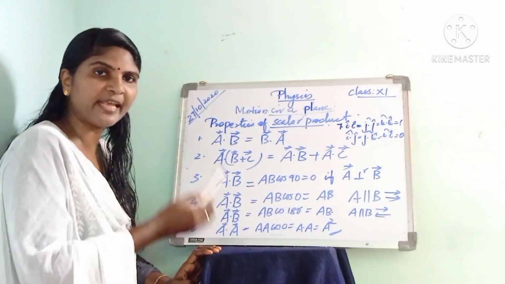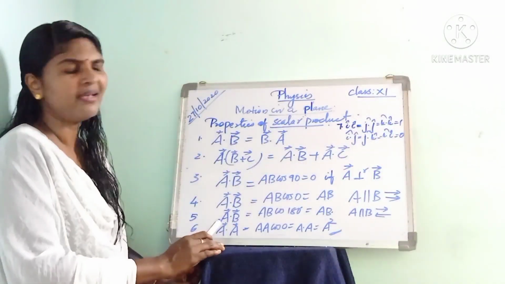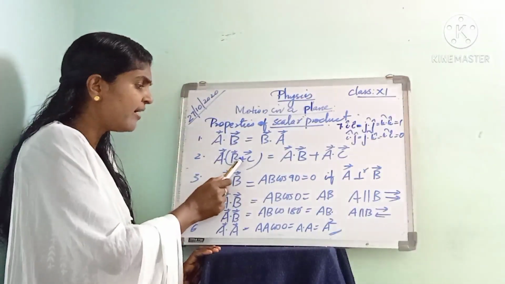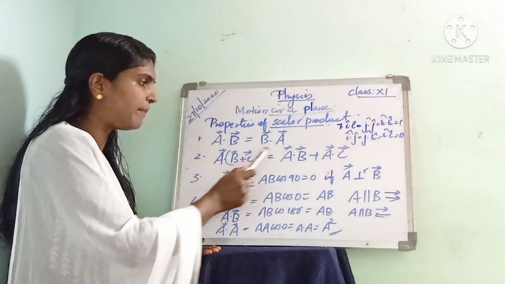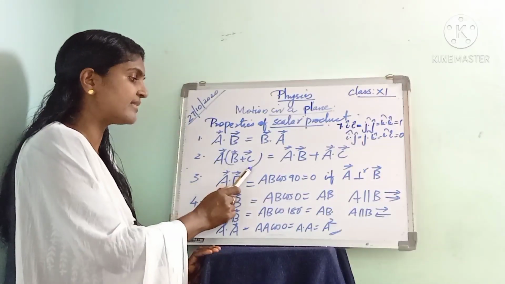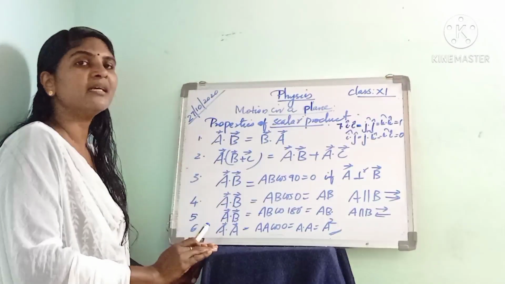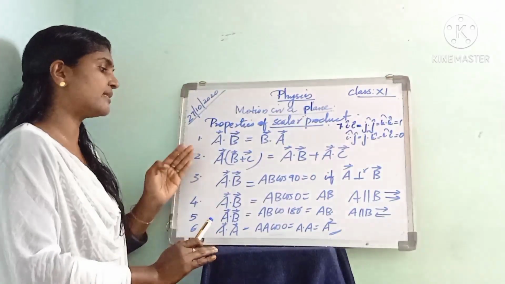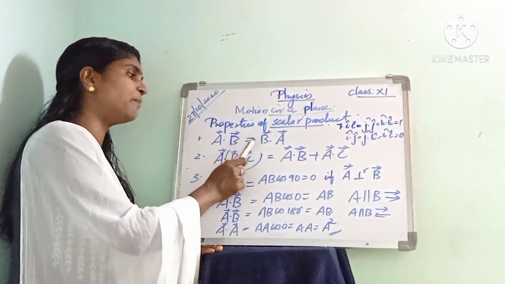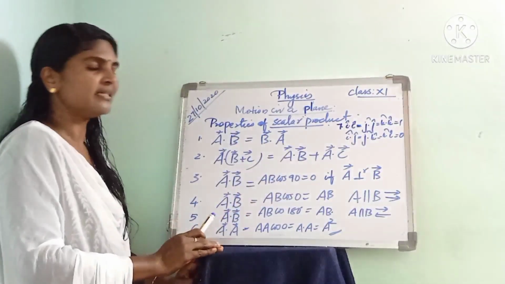Suppose we have three vectors A, B and C, then the distributive property can be represented as A dot (B plus C) is equal to A dot B plus A dot C. So the first property is commutative, A dot B is equal to B dot A, and the second is distributive over addition, A dot (B plus C) is equal to A dot B plus A dot C.